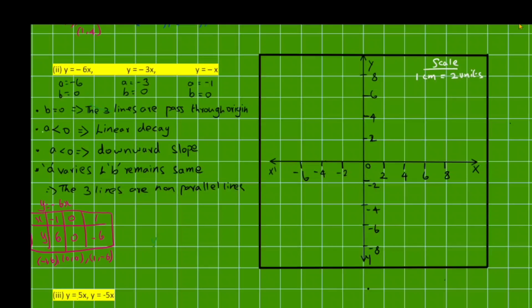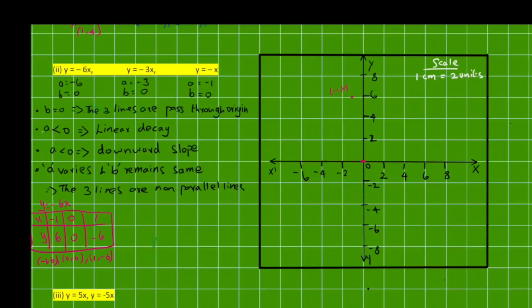Now plot the points. First point, minus 1 and plus 6. Minus 1 is exactly in the middle of 0 and minus 2, and from there up to plus 6. So this is the position of the point minus 1, plus 6. The next point, 0, 0.